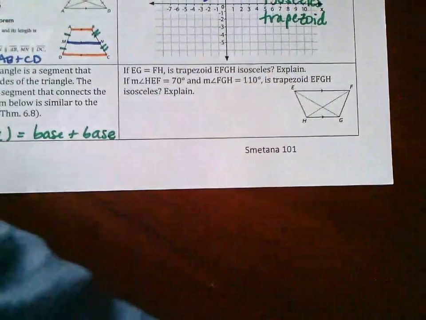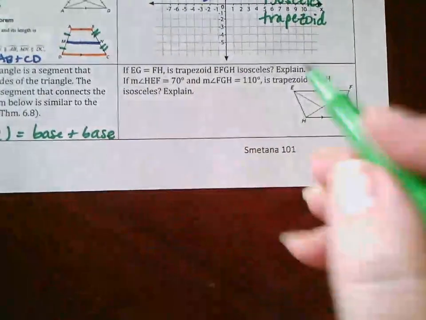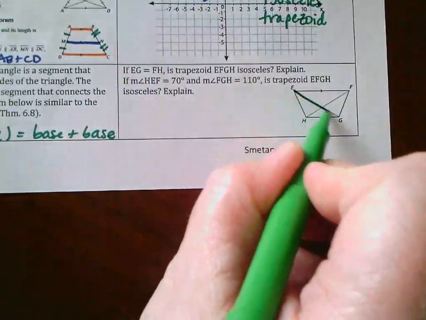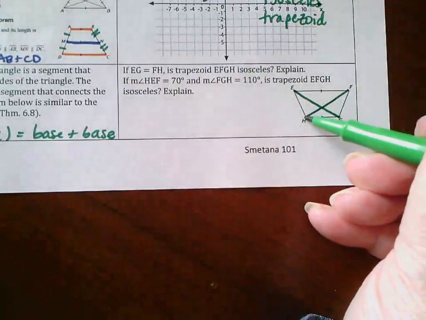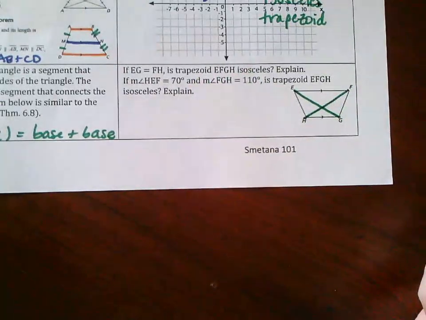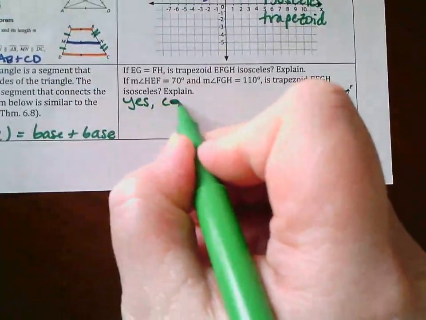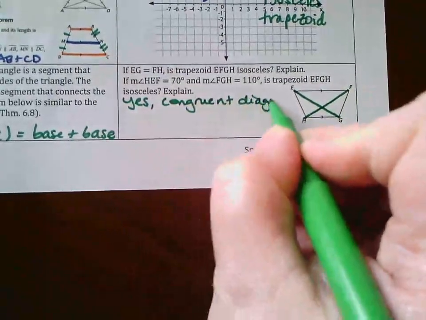Okay, let's try an example of some sort. So if EG is equal to FH, is trapezoid EFGH isosceles? So EG equal to FH, is this a trapezoid? Yes. Congruent diagonals.